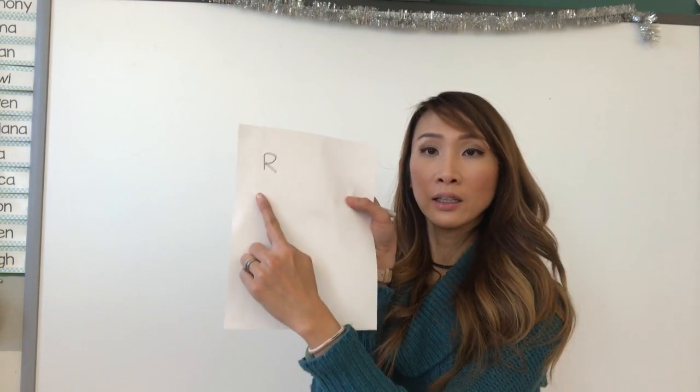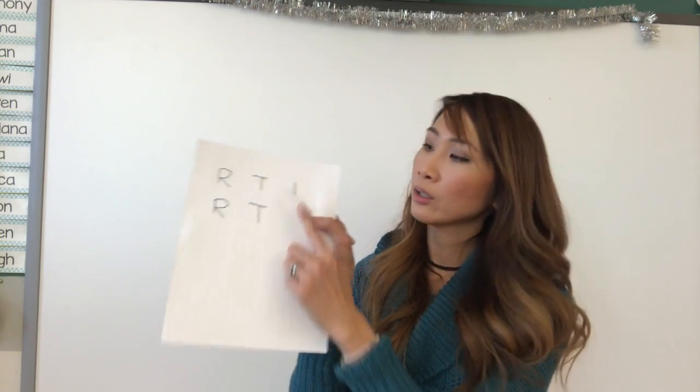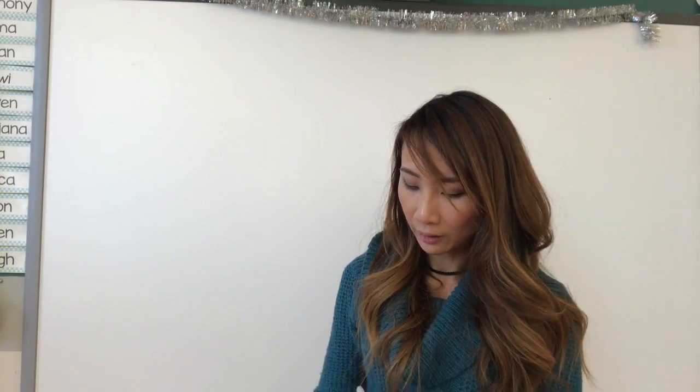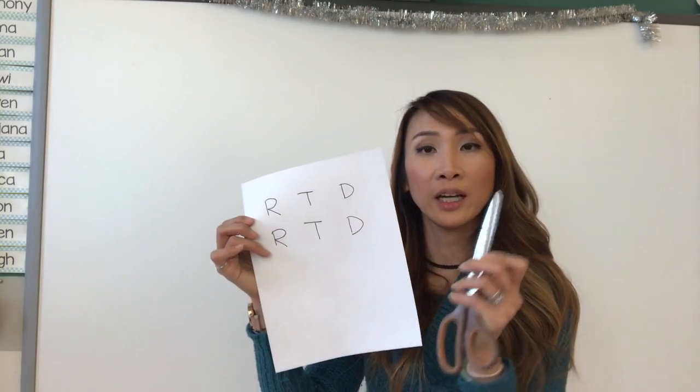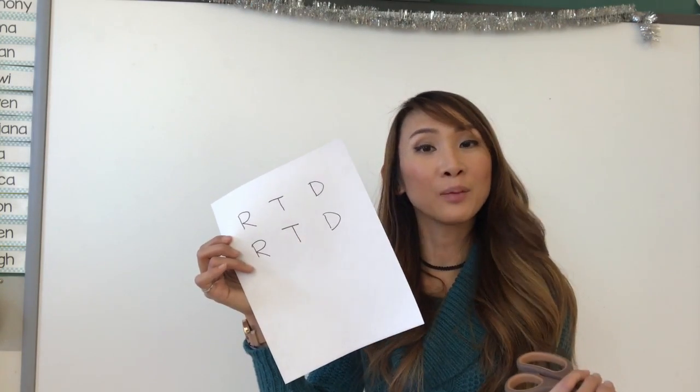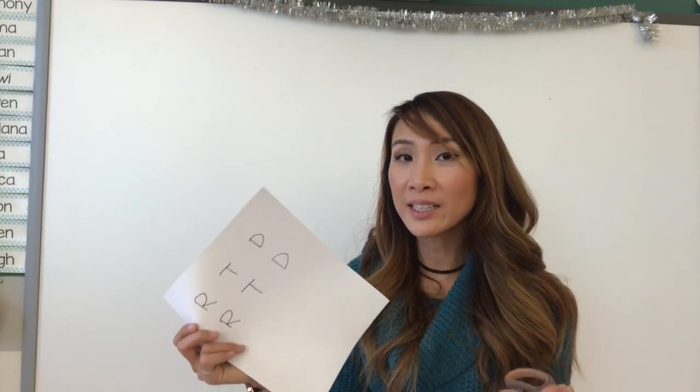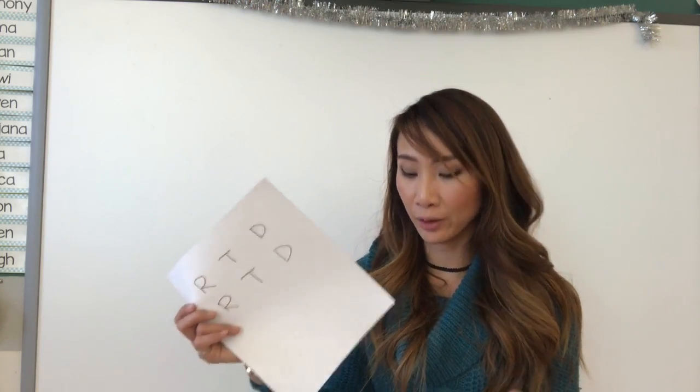So we can focus on that and write the letter R on there, the letter T, and the letter D. After you write a pair of each, you're simply going to cut them out, and that becomes your matching game cards. It's really simple and easy to do, and it doesn't take very much materials. So try some of these games at home over the holidays or this weekend and see how that works for you.